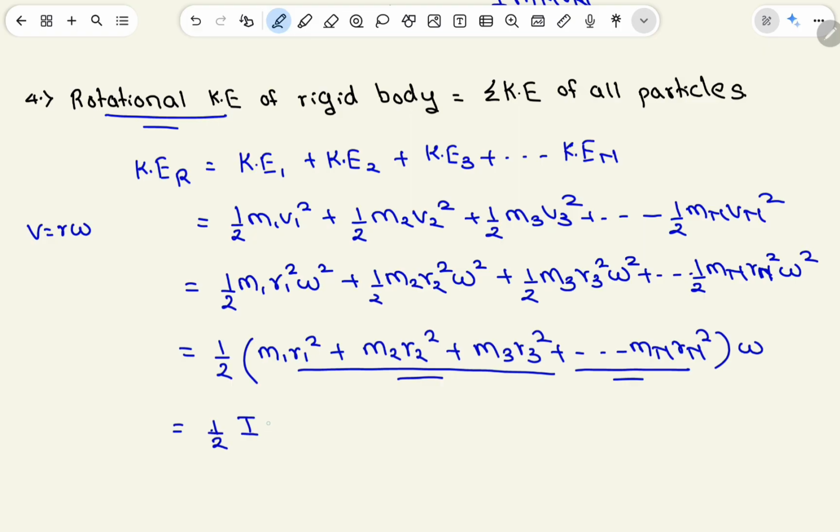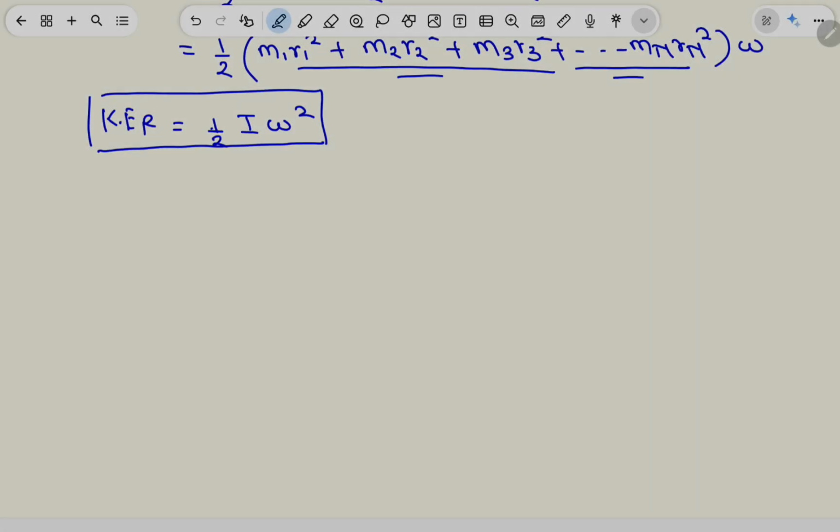So in place of that bracketed term, we can write I, and so we get the formula half I omega square. So the rotational kinetic energy is nothing but half I omega square, where I is the moment of inertia and omega is the angular velocity. So we have the formula for rotational kinetic energy.